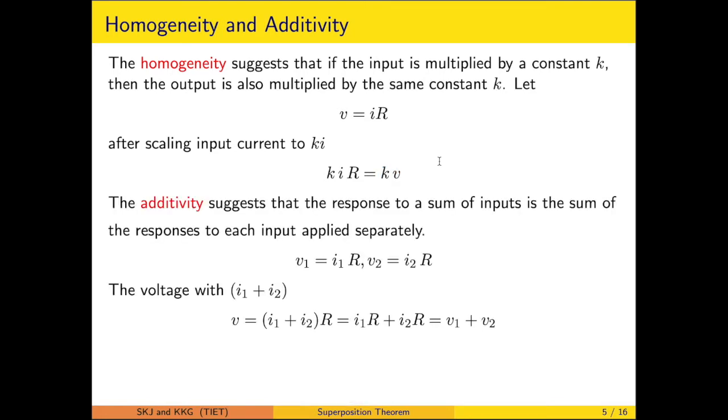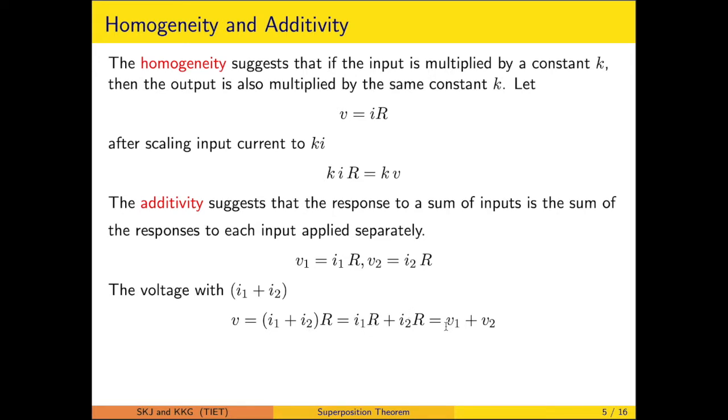Additivity has to be analyzed as follows. Suppose corresponding to one input I1 there is an output V1, and corresponding to another input I2 there is an output voltage V2. If we give a third input, which is the sum of these two, I1 plus I2, then the output voltage will be equal to I3 multiplied by R, which is equal to I1R plus I2R.